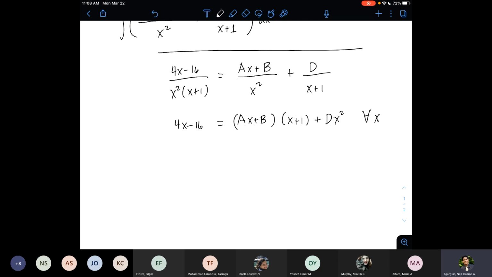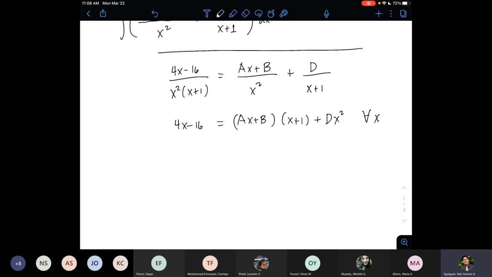Now, to find a, b, and d, we can take advantage of the fact that this equation is true for any x. So you can pick any values of x that are convenient to evaluate, or that will make one of the factors vanish.